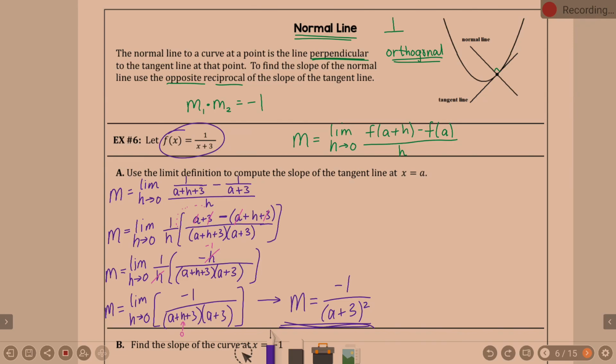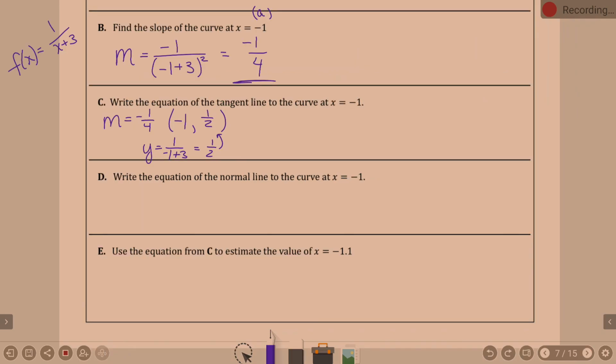Okay, and what they want us to find is an equation of the tangent line. So, y, we're going to go with the modified point slope form. So y equals I need my negative slope, which is negative 1/4, times x minus negative 1, okay?